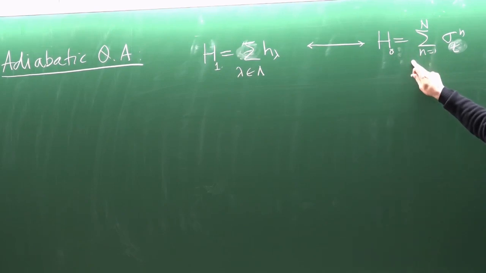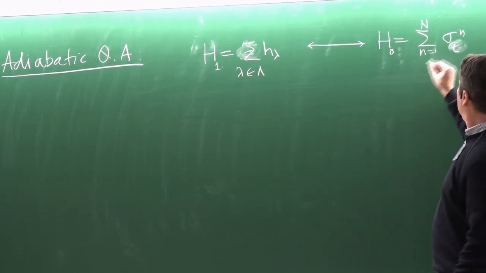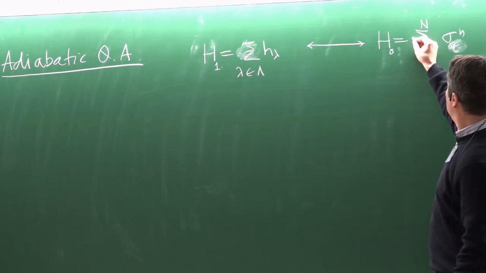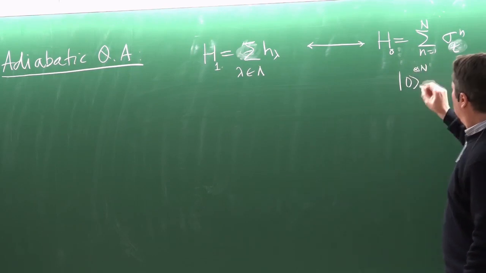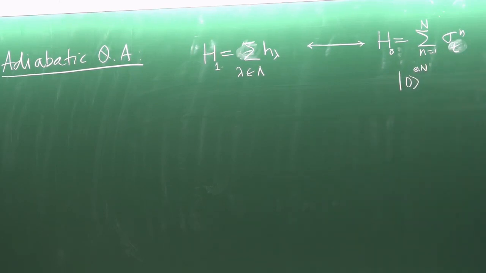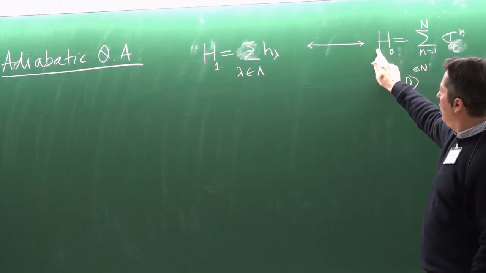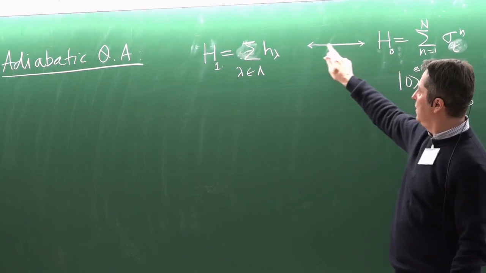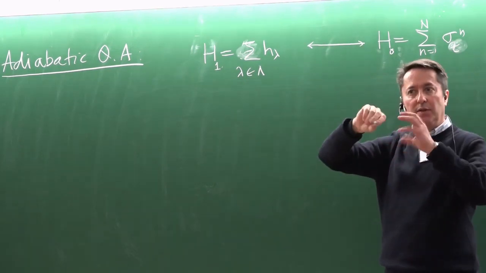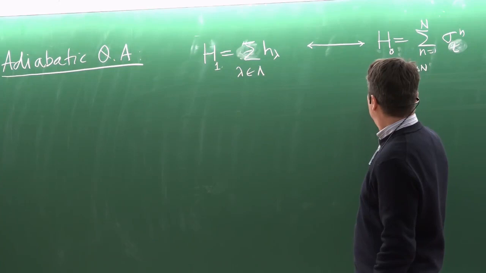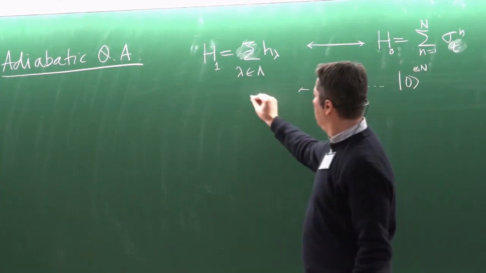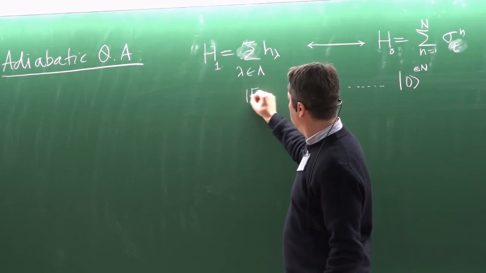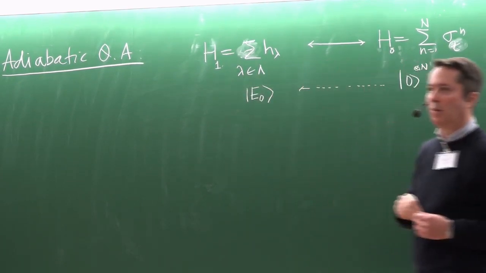So if I put, say, this Hamiltonian, the ground state is 0 to the power n. So then we can prepare this state, and now we would like to deform this Hamiltonian continuously into the other Hamiltonian by changing the parameters in such a way that hopefully this state evolves continuously to the ground state of this Hamiltonian, what we call E0, for example.